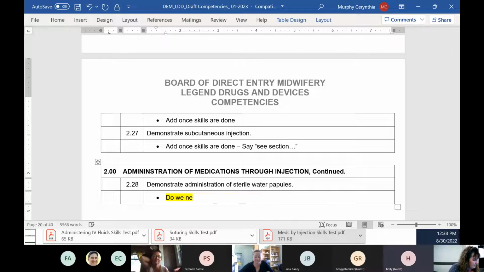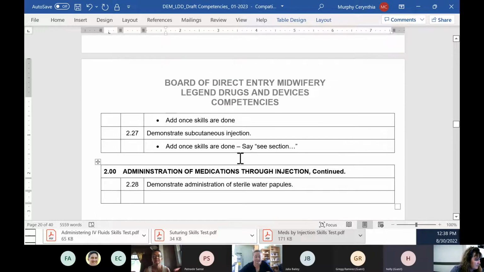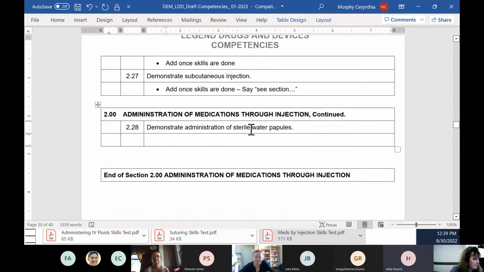So sterile water and papules are the intradermal. It's the only thing we do intradermal. So what would you like me to do? We're at 2.28. Instead of sterile water papules, just say demonstrate intradermal injection.